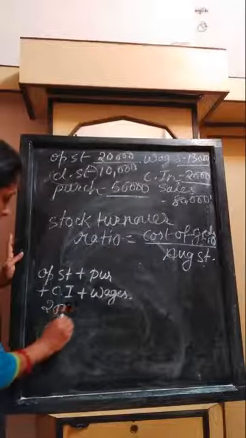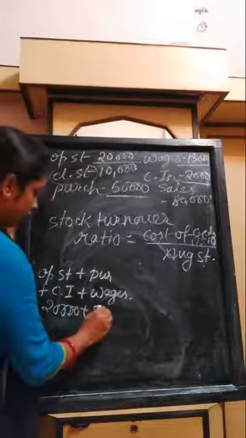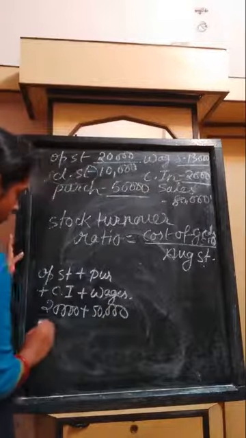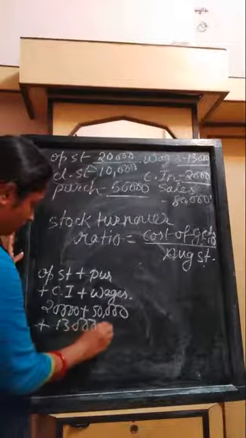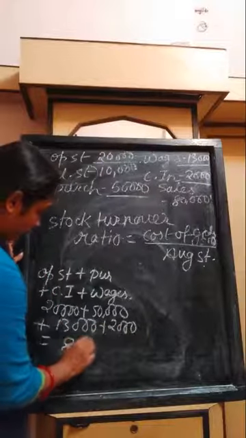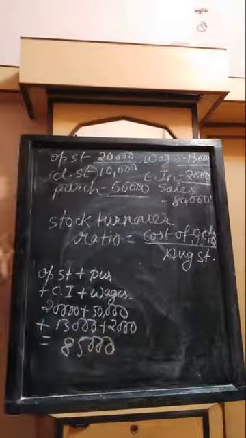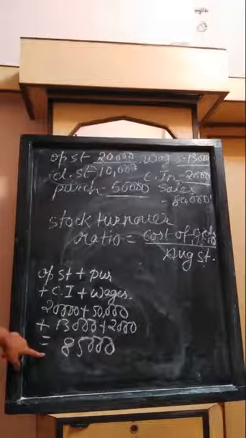20,000 plus 50,000, that is 70,000, plus 13,000 and 2,000, which gives you 85,000. You have to deduct the closing stock from here.